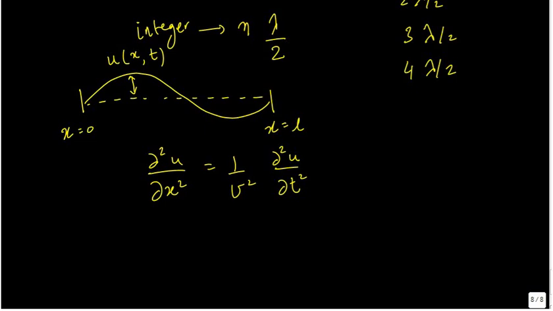So we start from here. That's your classical wave equation. v is the velocity, the wave velocity, and u is a function of both space and time.